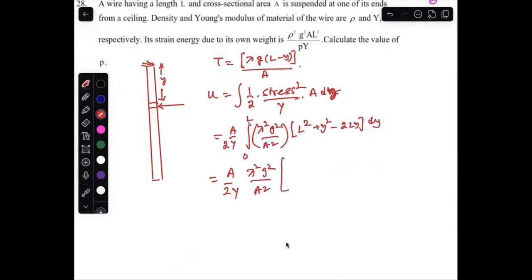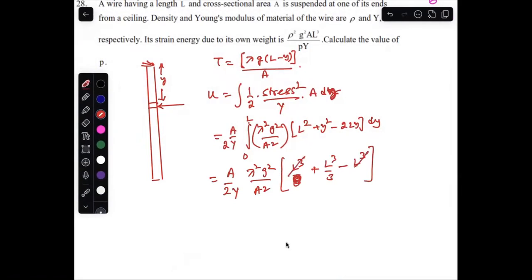Finally, what will happen is L cube by 3, plus L cube by 3, minus L cube. After doing integration, please don't ask me those intervals, for God's sake.